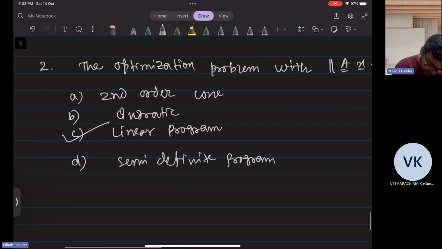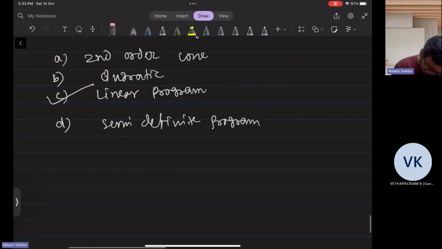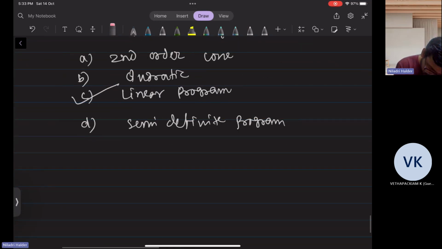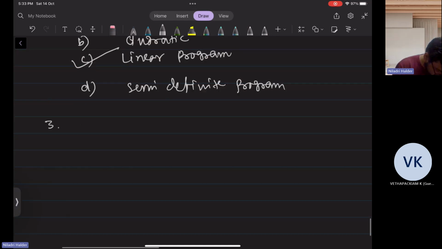You can see option C, the linear program. We can write it down. I think this is the same, already shown in the class lecture also.